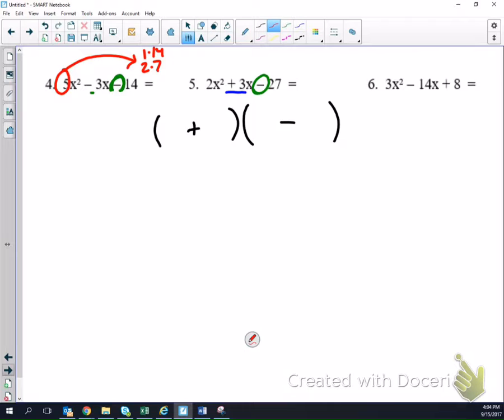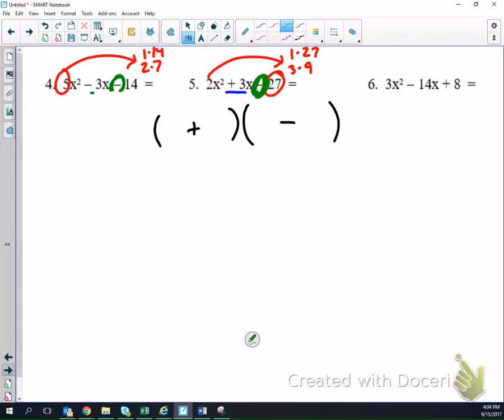I'm going to start getting my factors of 27. So 1 and 27, 3 and 9, and that's about it. Now, I do also need to remember that that 2 was multiplied to one of those and then subtracted to get a 3.